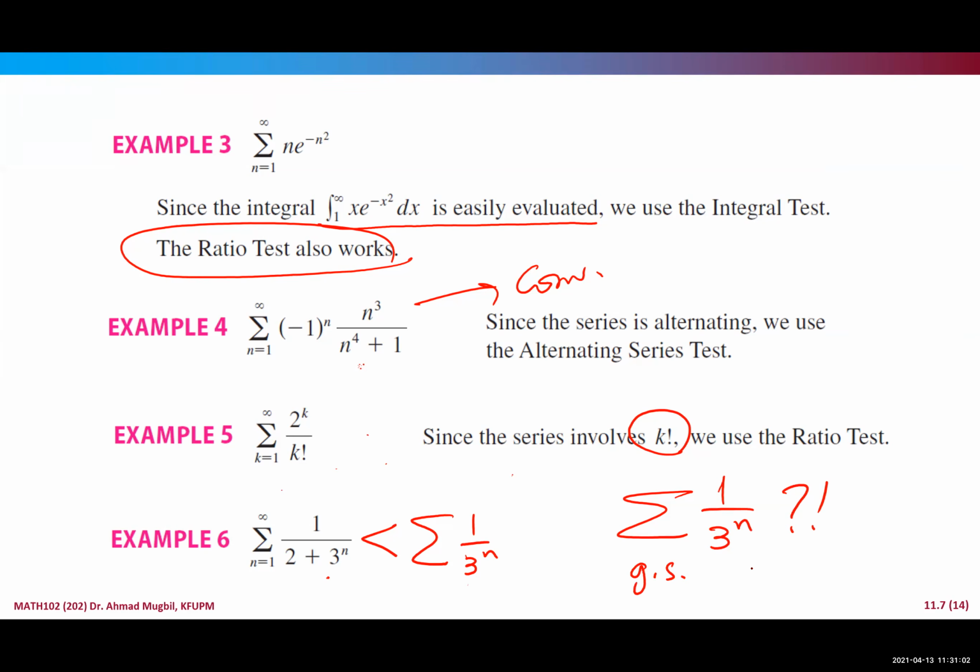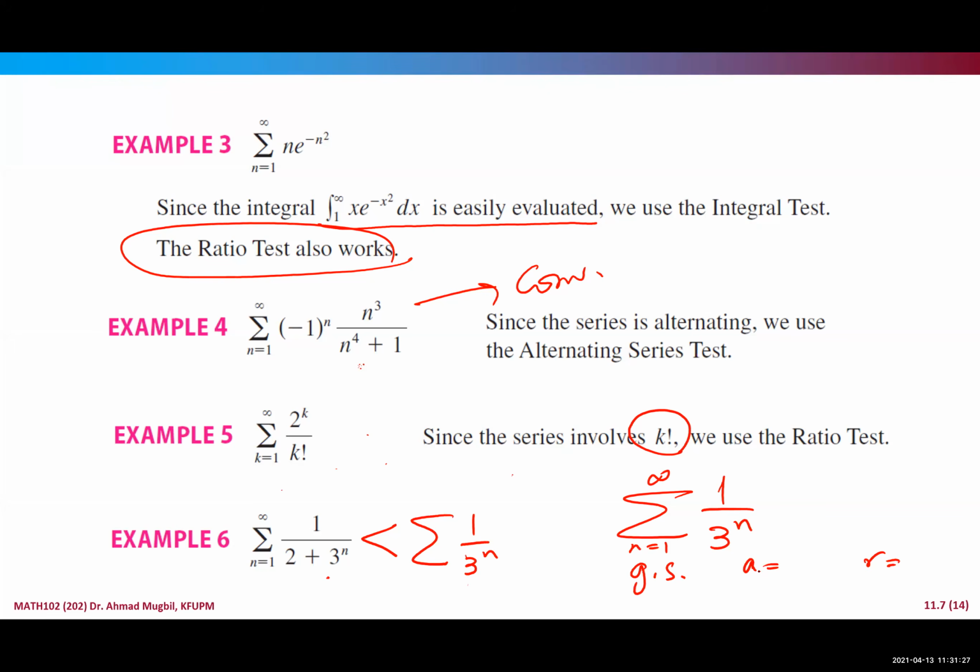What is A? What is R? If it is a geometric series, tell me what is A, what is R? R should be less than 1 for convergence. What is R? It's here. What is A? A is easier. A is very easy.